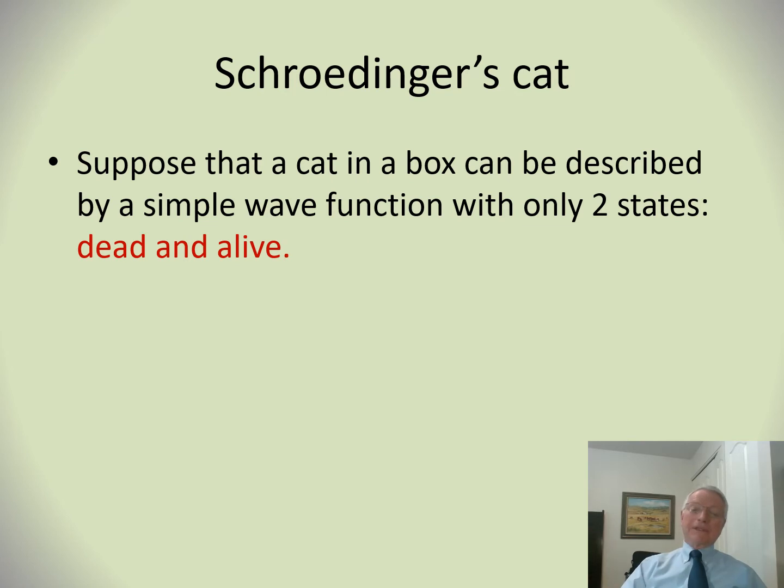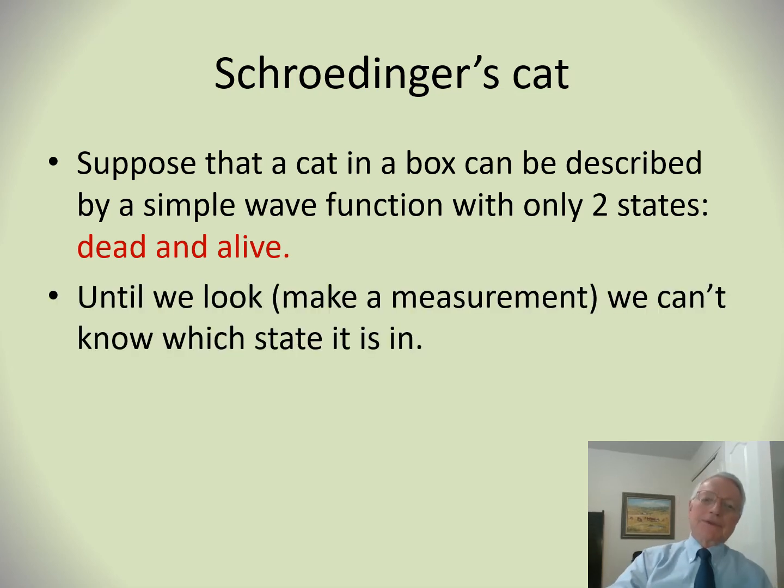Schrodinger said, if you believe that this wave function of mine says that the particle is anywhere in the box, then that would predict that the cat is both dead and alive. And that until you look in the box, you can't tell whether the cat's dead or alive.